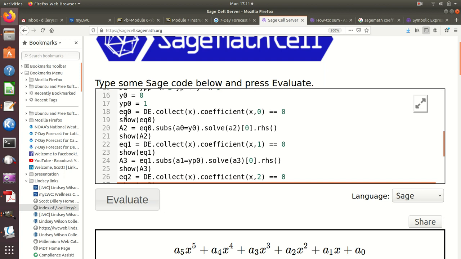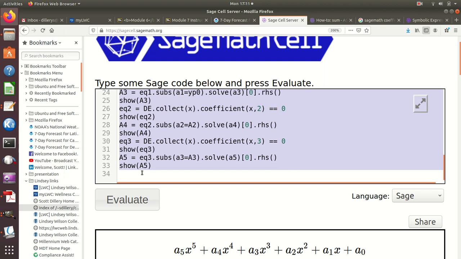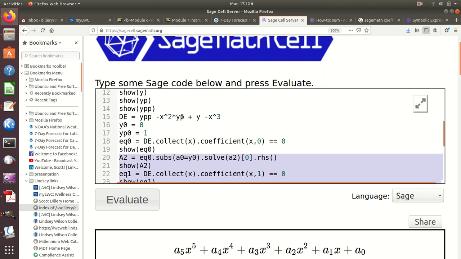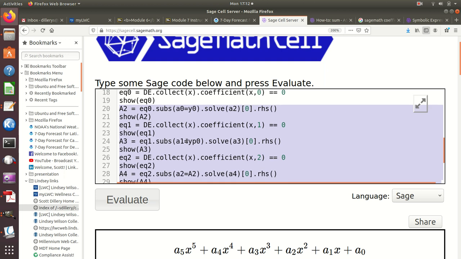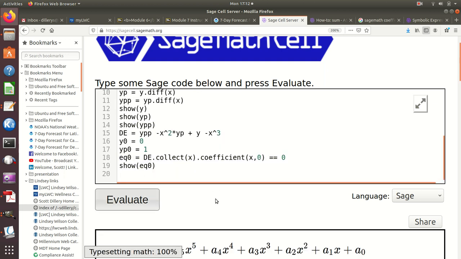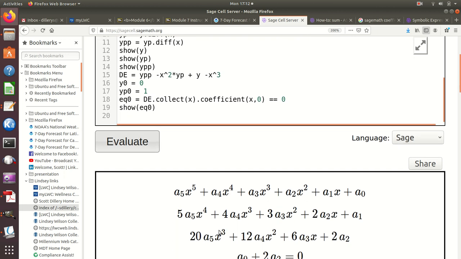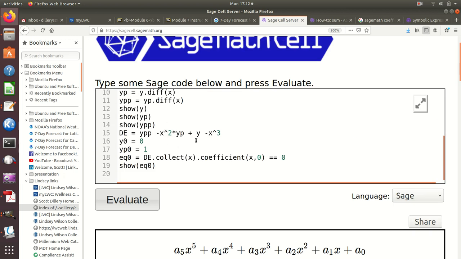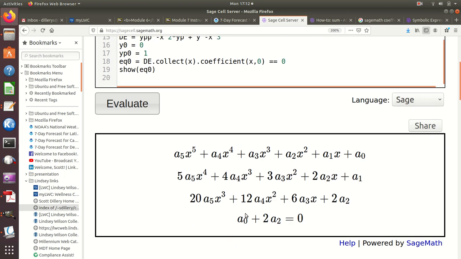So I could put that differential equation in and start this whole process over. I would have to start back here at equation 0. All of this stuff would be wrong, most likely. I don't know that for a fact, but most likely it would. But let's just see. So I'm going to get rid of all that and evaluate and just see what we have. So here it looks at the different items, and then the first equation, and interesting, if I have this right, I had forgotten that it was just A0 plus 2A2.